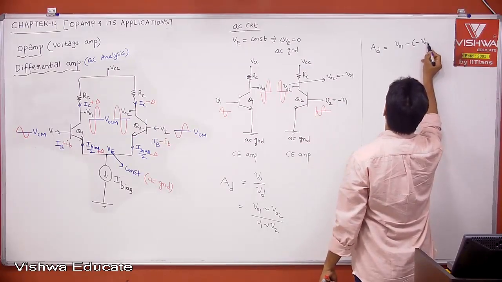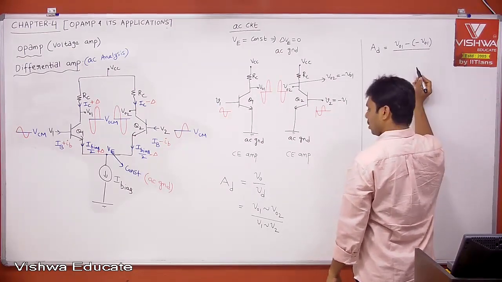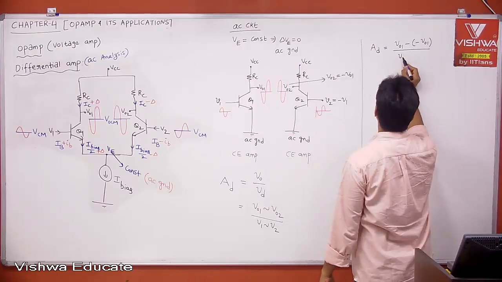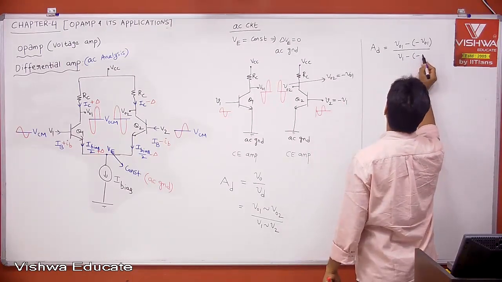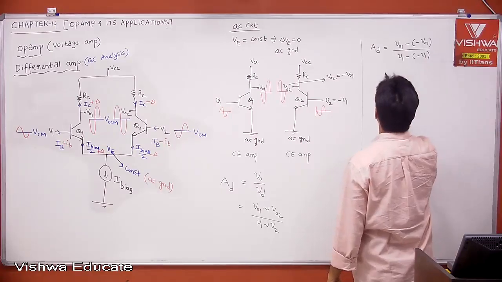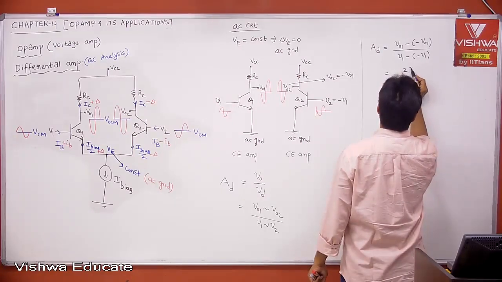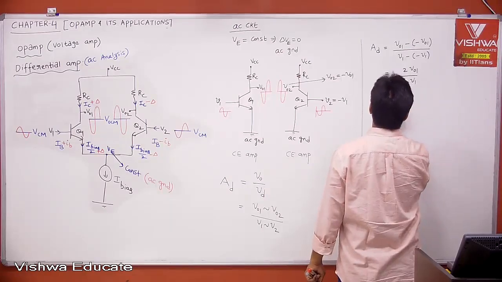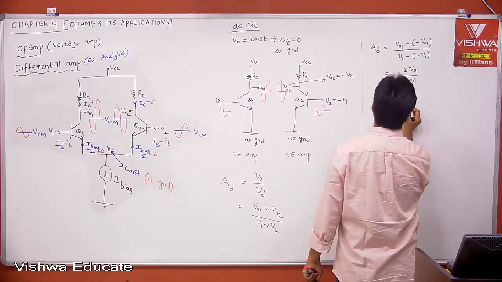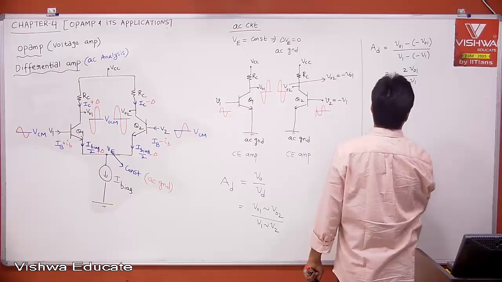So minus of minus V01, divided by V1 minus V2. V2 is equal to minus V1. Then what is this? This is nothing but 2 V01 divided by 2 V1, which is V01 divided by V1.